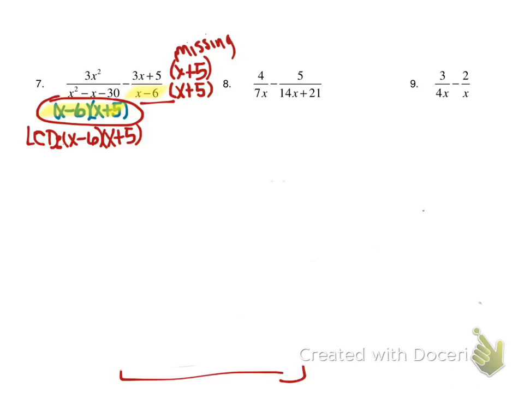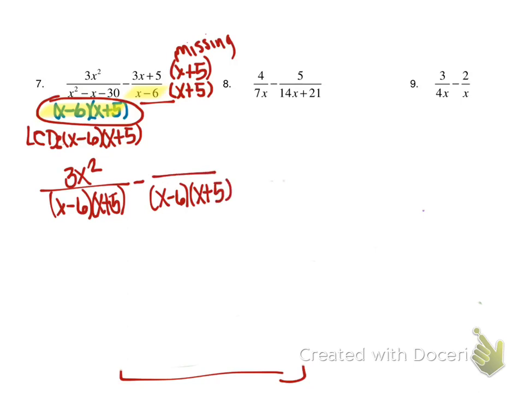So let's write all of this. We have x minus 6 times x plus 5. We're not changing our first fraction because it already has that denominator. But the second fraction, we have to multiply everything on the top here. I said we have to use the distributive property like we did a long time ago: 3x times x, 3x times 5, 5 times x, 5 times 5.